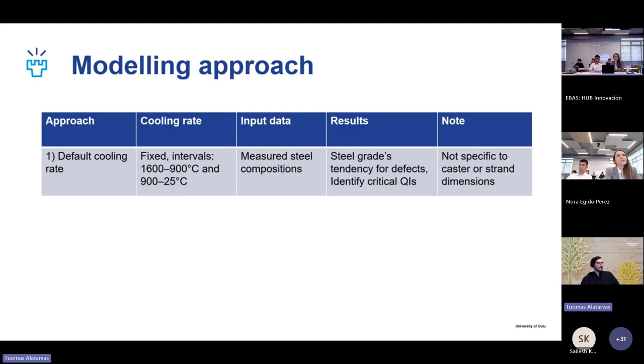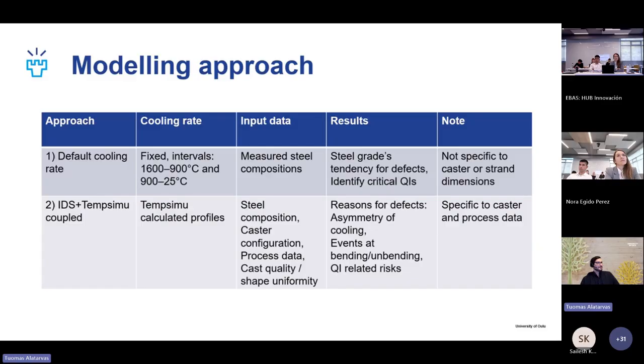But if we want to dig a little bit deeper and couple the IDS and TempSimu calculations together, then we use these TempSimu calculated profiles as the cooling rate. So in this case, we need as input data the composition of the steel, like in the earlier one, but also the caster configuration and process data, and also cast quality or shape uniformity or other quality data for certain heats.